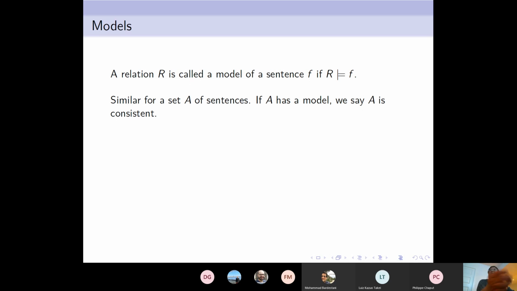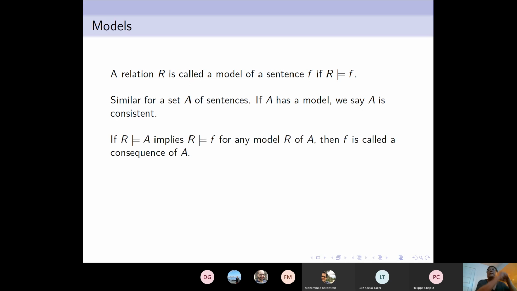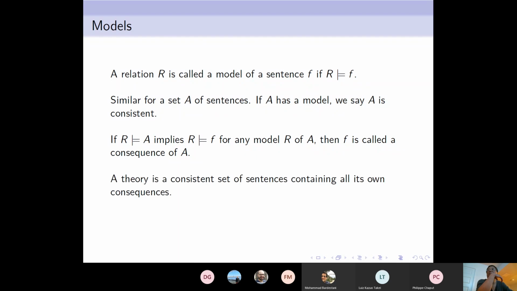If A has a model, we say A is consistent. Then we can define consequence of a set of sentences. If A is satisfied by a model, then F is also satisfied by that model, then F is called a consequence of A.